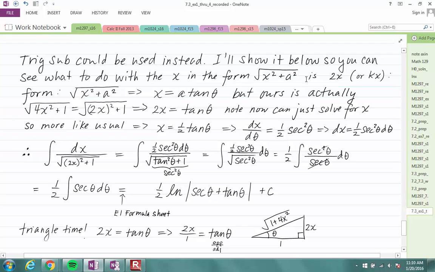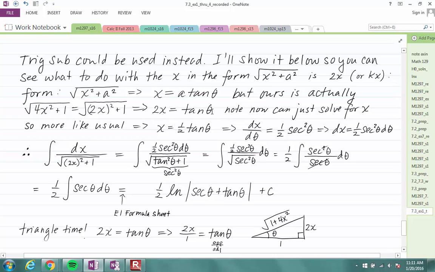So anyway, the form here, if you do this with trig sub, is x squared plus a squared, but again we got a 2x instead of an x. Your x is equal to a tangent theta, but recalling that our x is not the x in this form and is actually 2x, you can correct for that by putting 2x equal to tangent theta where a was 1.